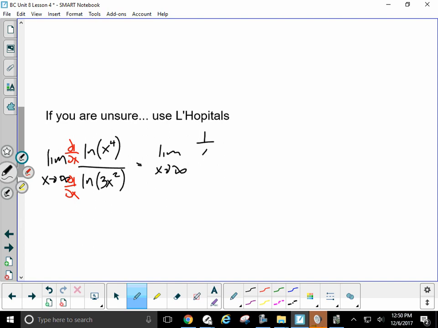Remember the chain rule, the derivative of the log function times the derivative of the inside. Derivative of this log function times the derivative of this inside. I want to simplify this a little bit.